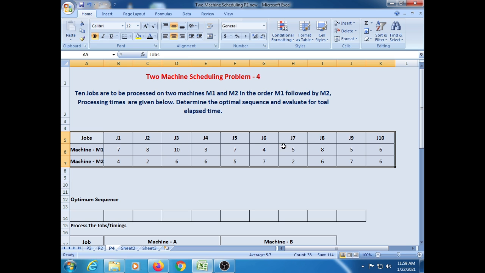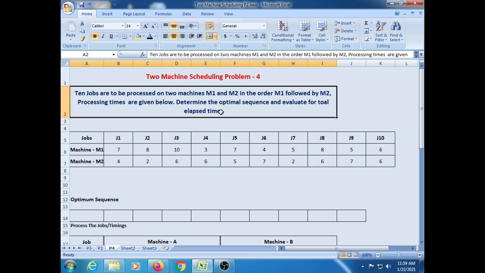So according to the problem, we have to determine the optimal sequence and evaluate the total elapsed time. So this is the complete problem. First you have to understand the problem.